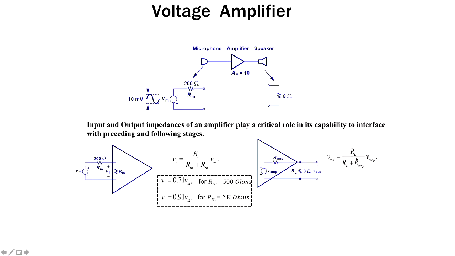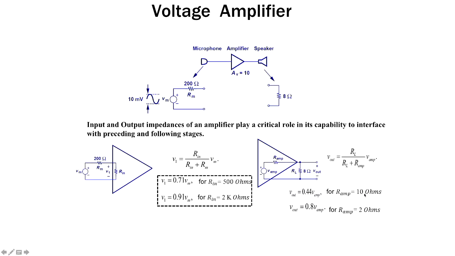That is equal to 8 ohms. Then V out equals RL by RL plus R amp. So that is your voltage. I can put in some values. If your amplifier has 10 ohms, your output is just half. If your amplifier output impedance equals 2 ohms, then you can get around 0.8 volt. Now think about an output impedance of the amplifier equal to 100 ohms.